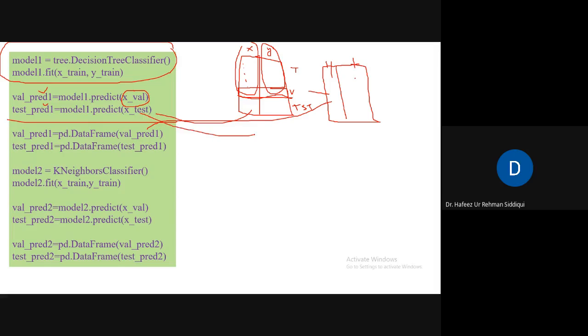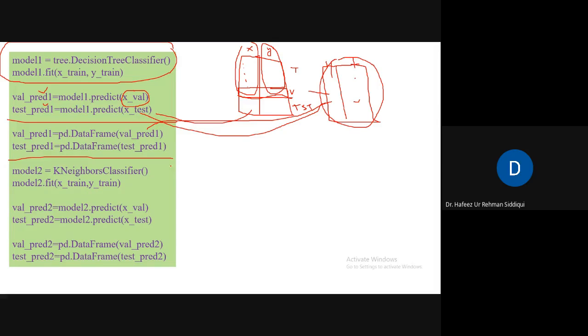The X test value will come here and the prediction will come here. So to save into a table, we use a data frame. All right, so a data frame is nothing so horrible or some alien.